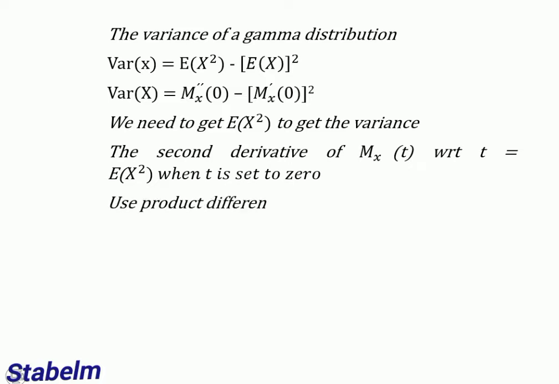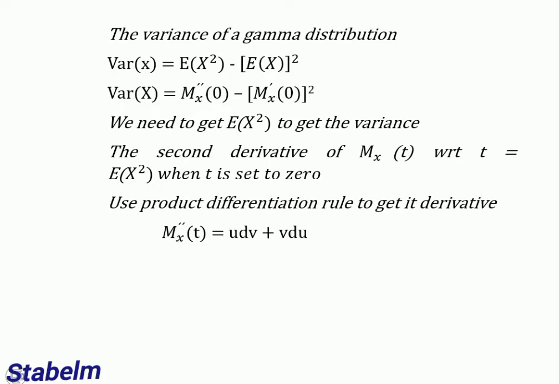We use a product differentiation rule to get its derivative. What is the product rule saying? We say we have m prime x of t equals u dv plus v du. Now let's remind ourselves what our first order derivative is.